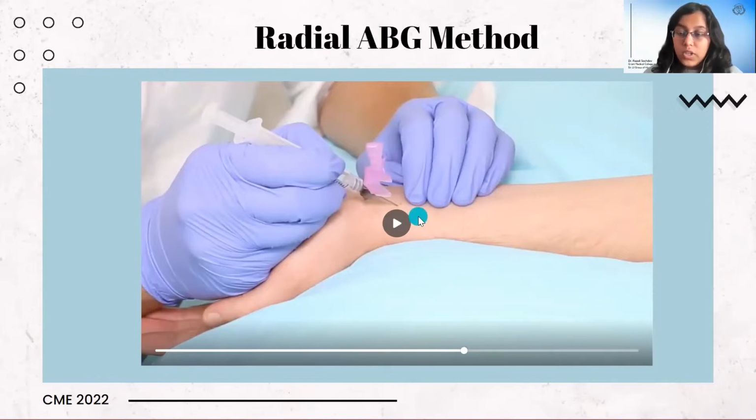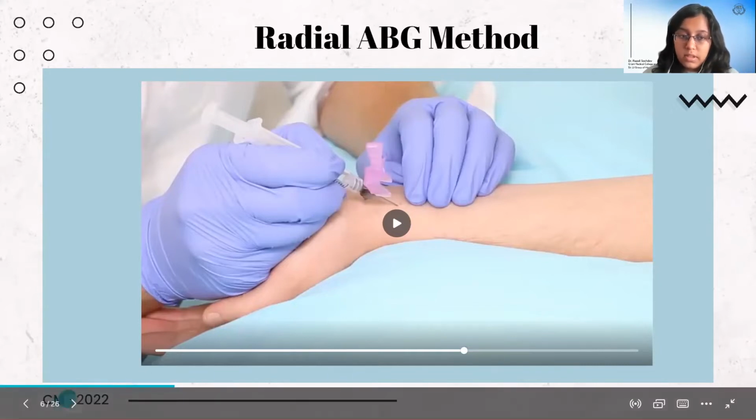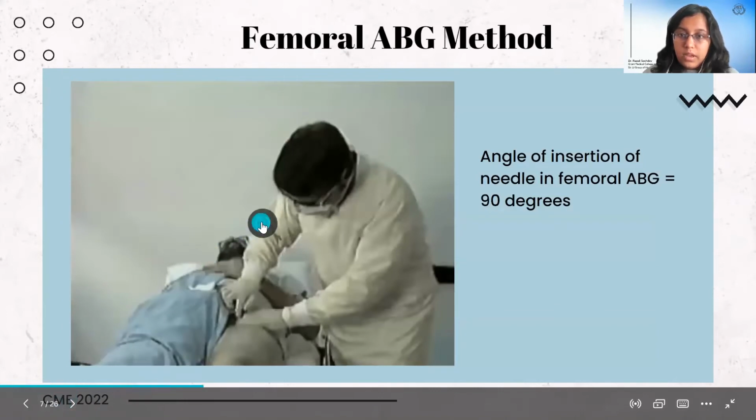So when you do the collection also, even in the syringe itself, you can see that it's bright red blood. And once you've collected it, make sure to get rid of any air bubbles on top. Because again, if you don't, when the report comes, the oxygenation will be much higher than the actual patient's blood oxygen levels. Okay. Now femoral.